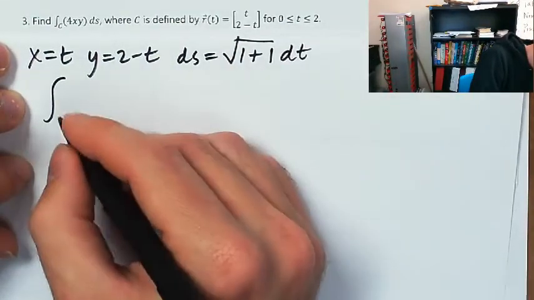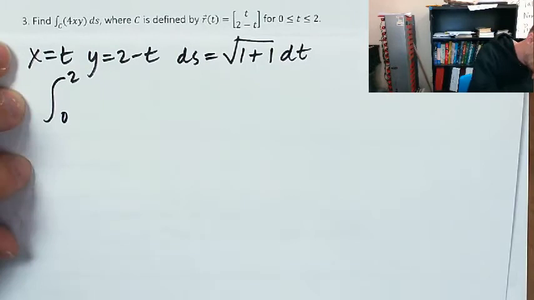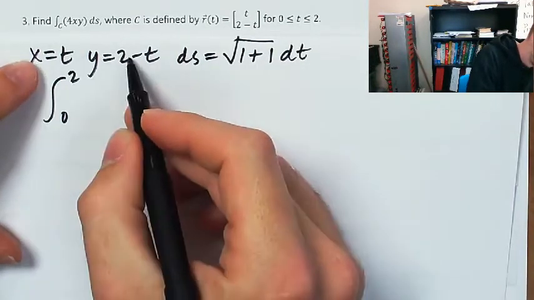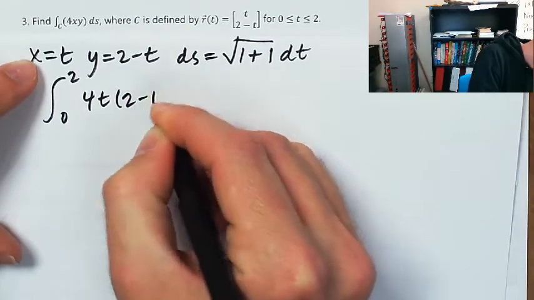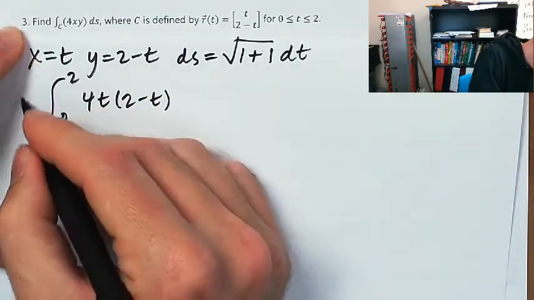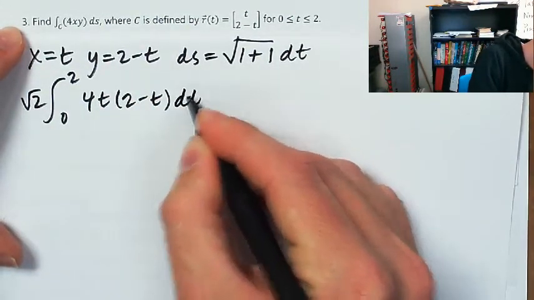And then I'll be integrating as t runs from 0 to 2, 4 times x times y times square root of 2 dt.